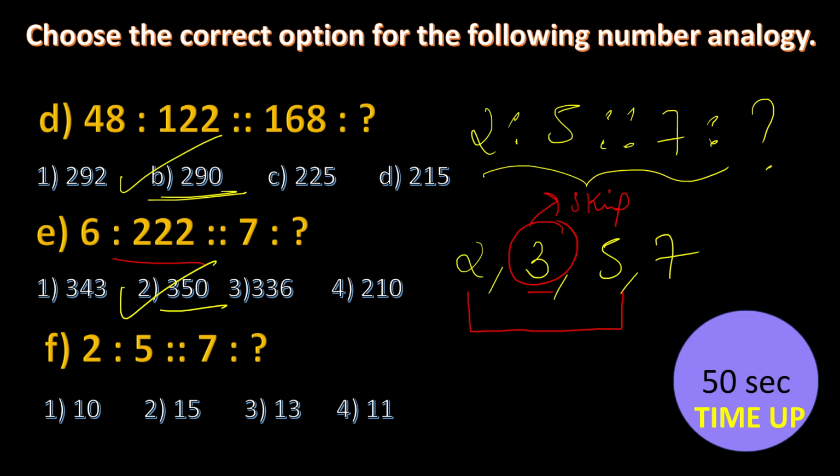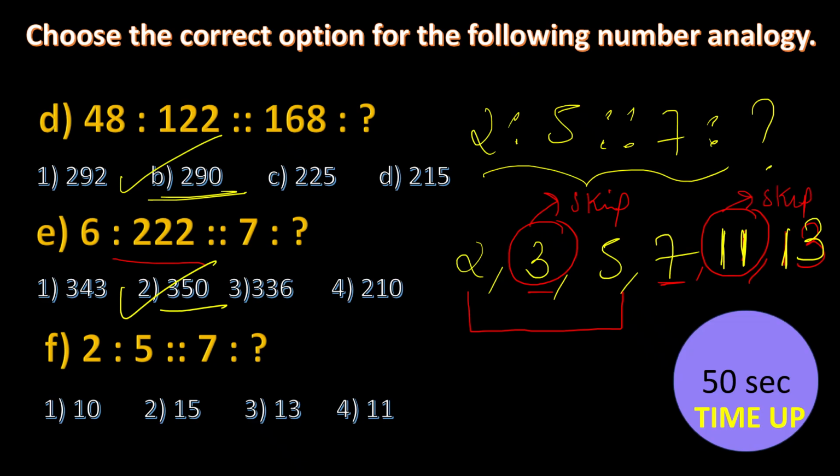So similarly, after 7, prime number is what? 11. And after that we have 13. But what they have done? They have skipped 11.